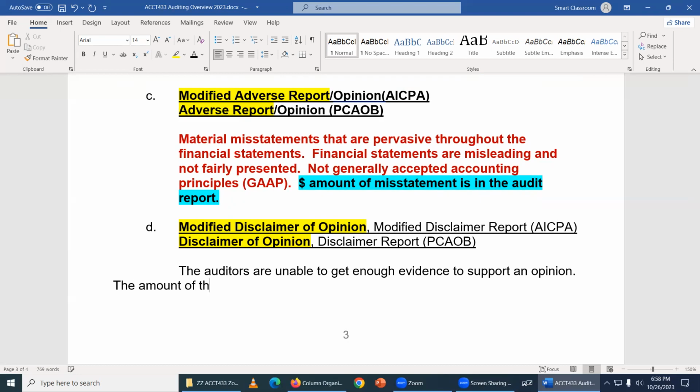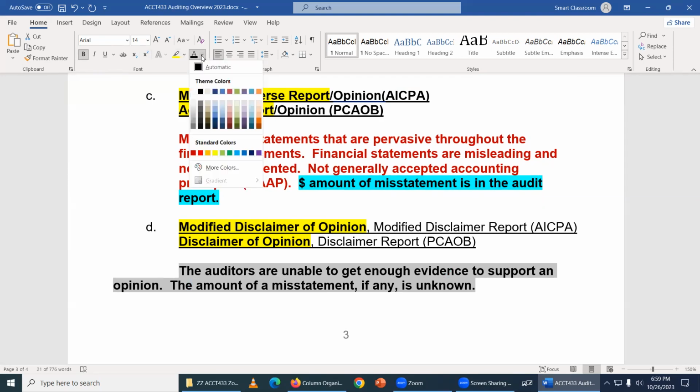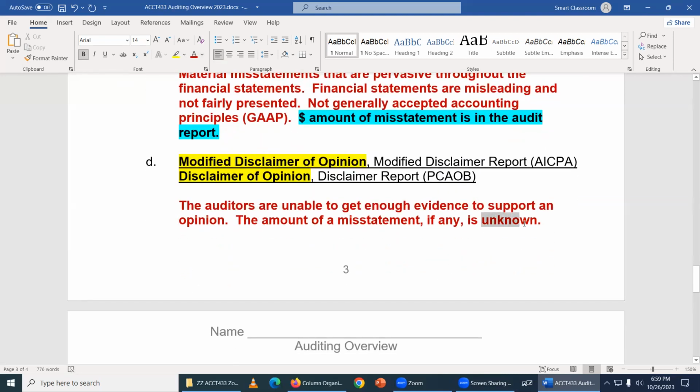The amount of misstatement, if any, is unknown.